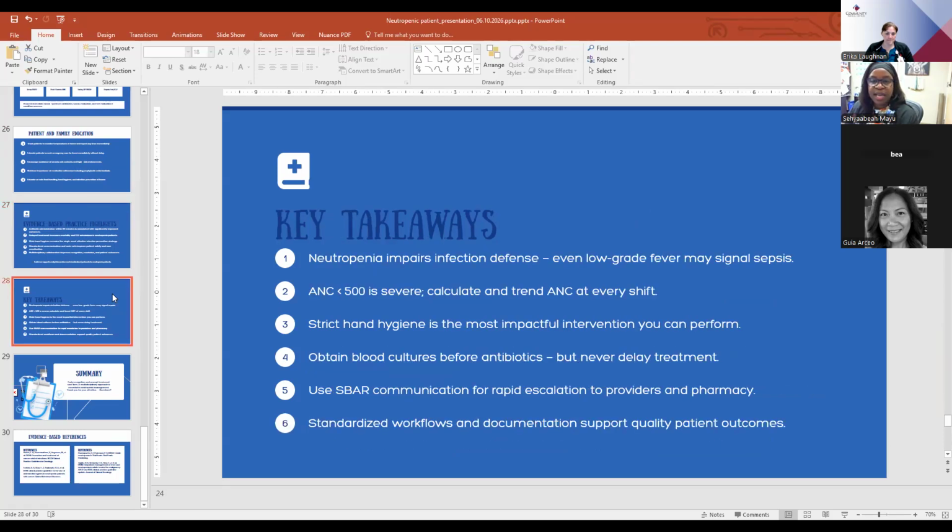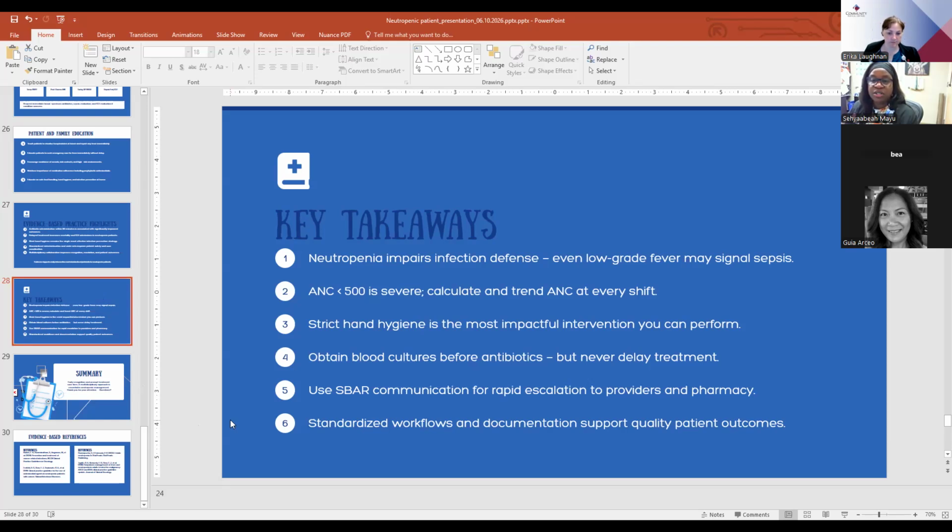So key takeaways: neutropenia impairs infection defense. So even low-grade fever may be a signal of sepsis. We're looking at that ANC less than 500 is severe. Strict hand hygiene, again, we want to emphasize that. Obtain blood cultures sooner than later.